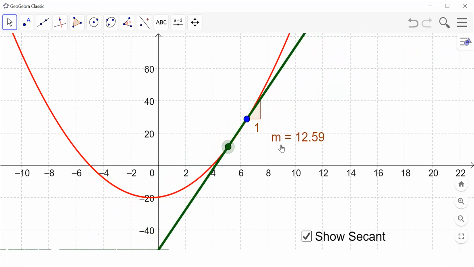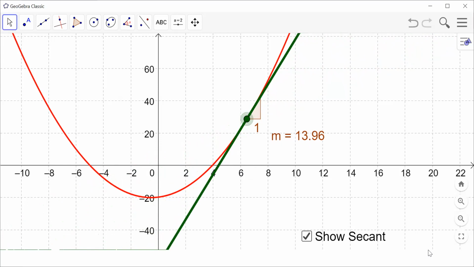As we move our points closer and closer together, the slopes of our secant lines will approach the slope of our tangent line, and the slope of our tangent line is our instantaneous rate of change. It's a very conceptual thing to think about, but that is going to be your goal, which we're going to figure out in about 5 lessons from now.